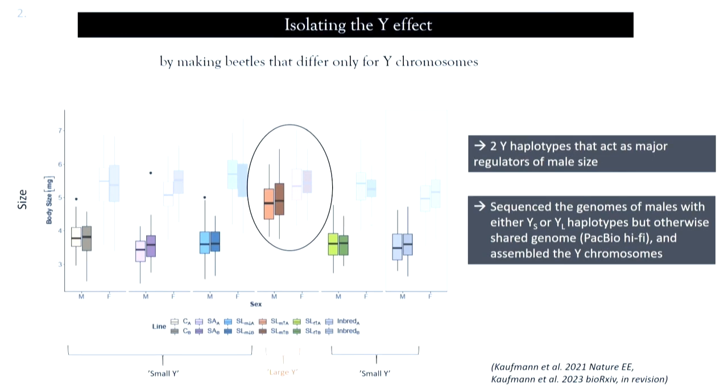And then to try to narrow this down, we did sequencing of these male Y lines. So we took these males here and we took these males here, and we sequenced their genomes, and we assembled the Y chromosomes.